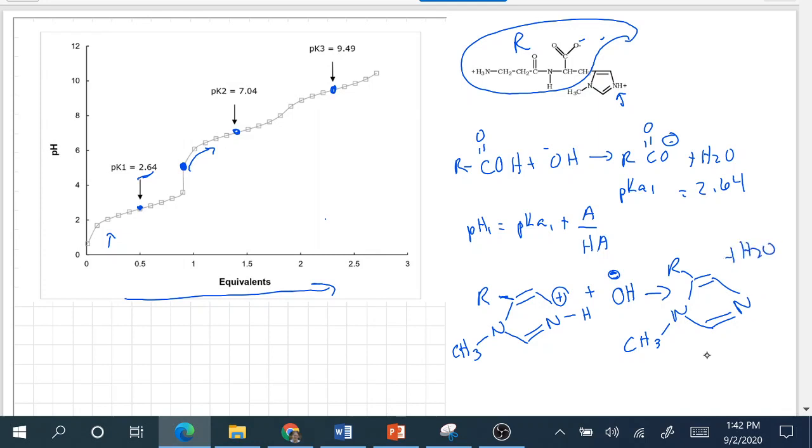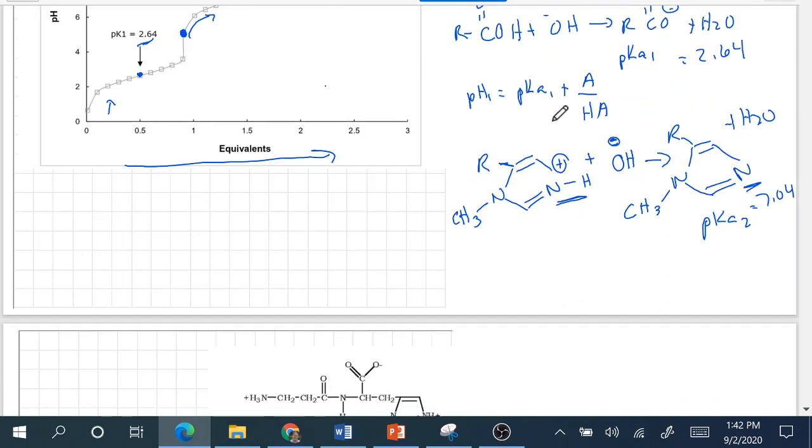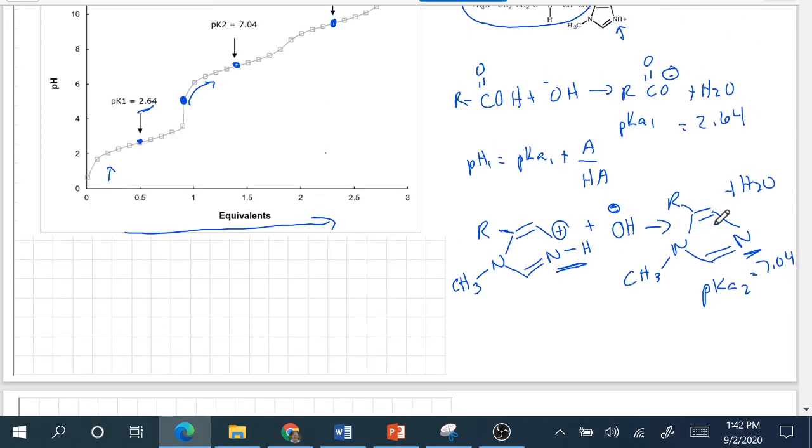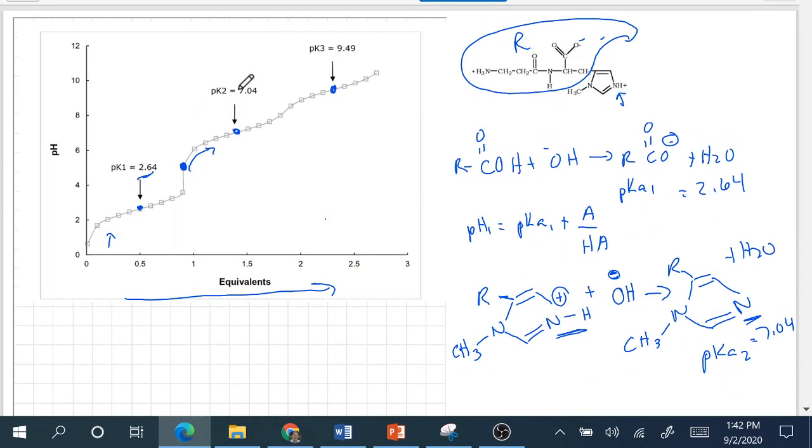And the pKa for this second reaction is 7.04. So we've gone from a +1 charge here to a neutral charge on the nitrogen, and when half of this one is deprotonated, so if we consider our Henderson-Hasselbalch equation for this pKa2, when half of this nitrogen is deprotonated and half is protonated, we're at pKa2, which is 7.04.